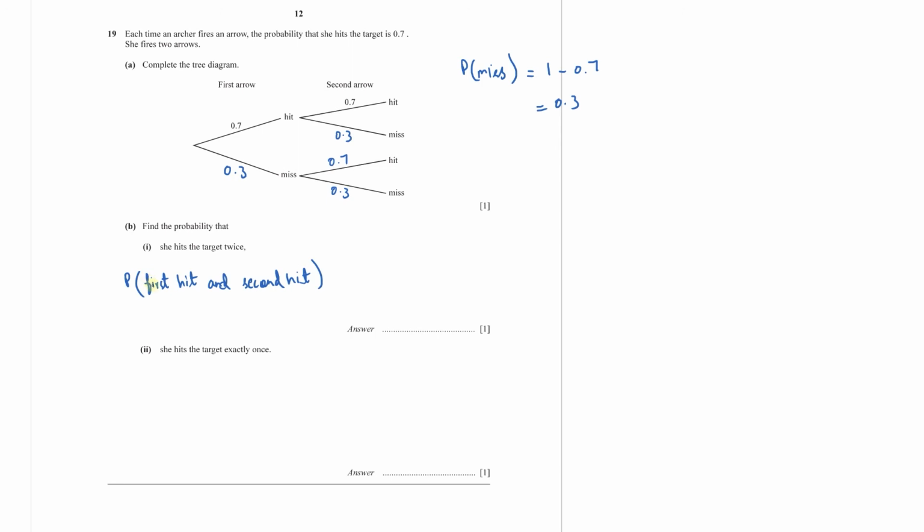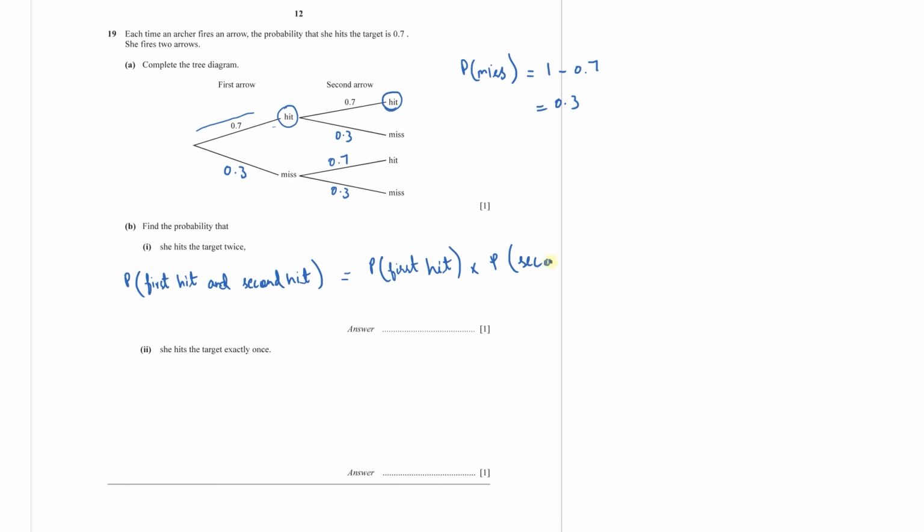So you have to find the probability that the archer hits the target the first time and also hits the target the second time, which is equal to, so first hit is this and the second hit is this. This is the only case where we will have a hit in both the first try and the second try. So this will be equal to the probability of first hit multiplied by, because there is an 'and', you're going onto the second stage of your probability tree diagram.